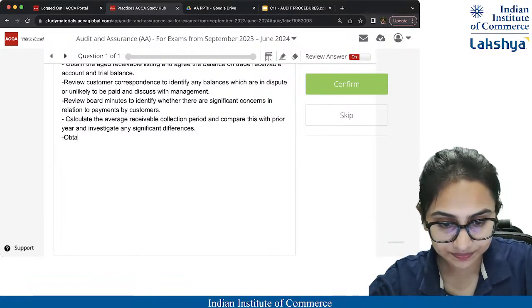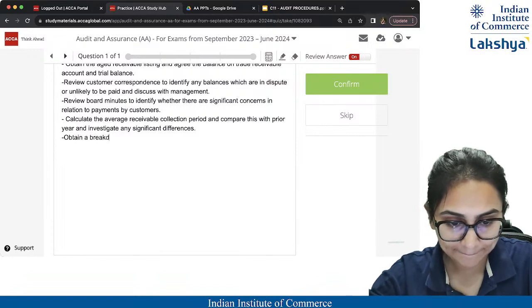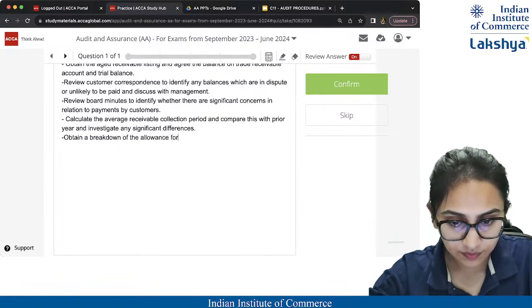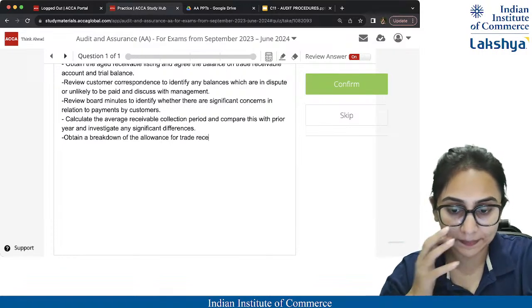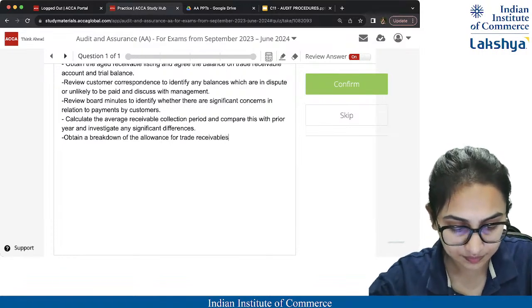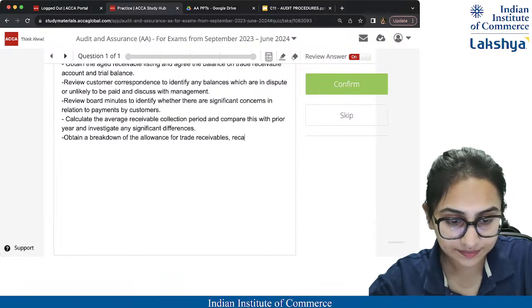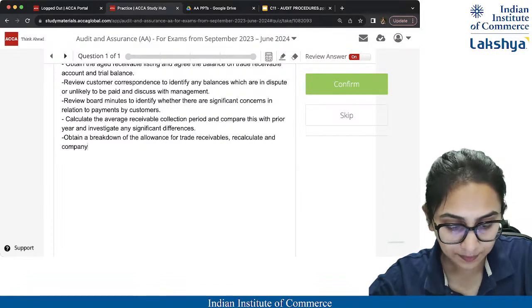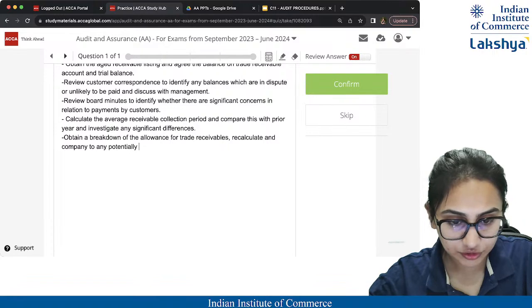Obtain a breakdown of the allowance for trade receivables, recalculate and compare to any potentially irrecoverable balances.